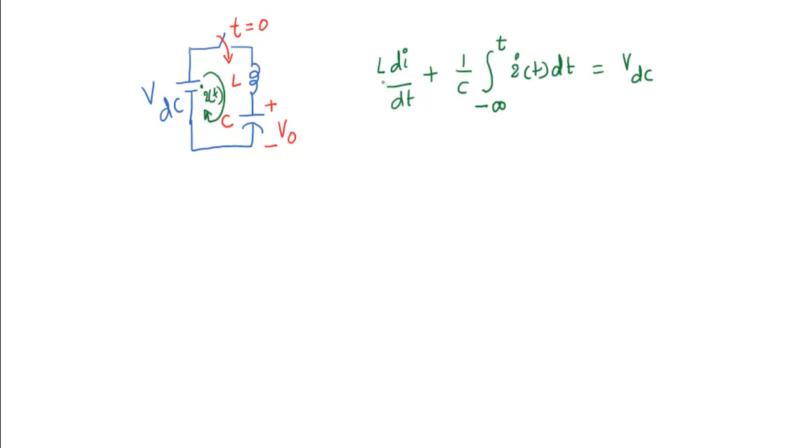Now you can see that solving in the time domain is a little bit difficult, because one term is a differentiation and the other is an integration. That's why we go into the Laplace domain.